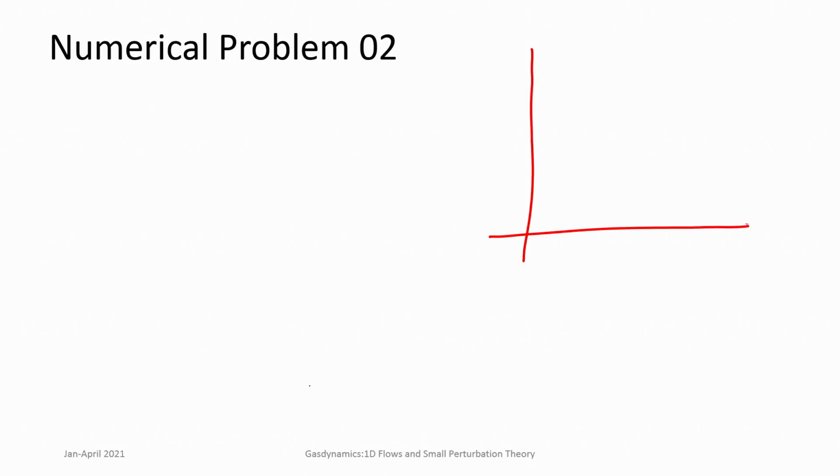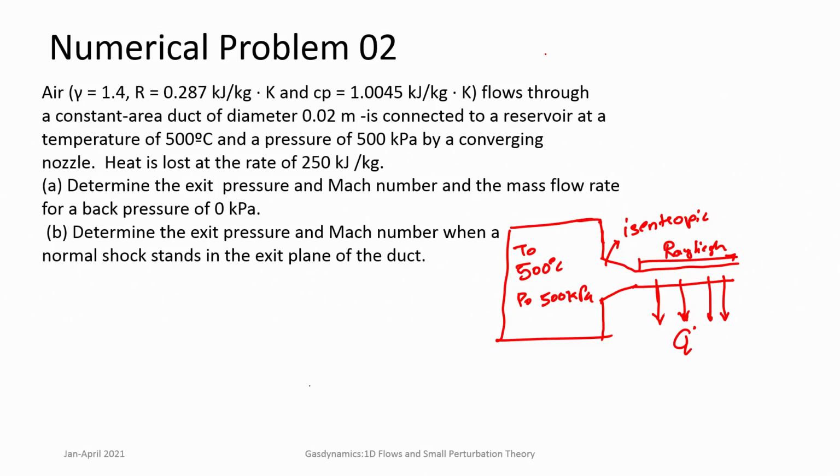What is given is that at the exit the pressure is very low, considered as 0 kilopascal. What does this imply? The flow should expand rapidly. If you have a convergent nozzle and a large pressure differential across it, then the obvious case is that you will get Mach number 1 at the minimum area point. So, at this point Mach number should be equal to 1.